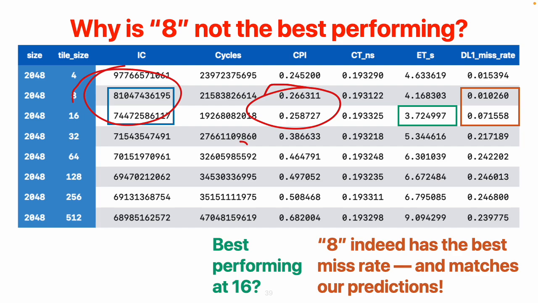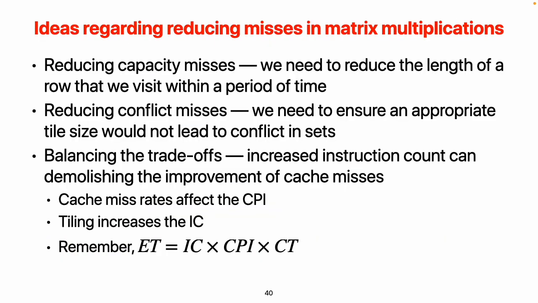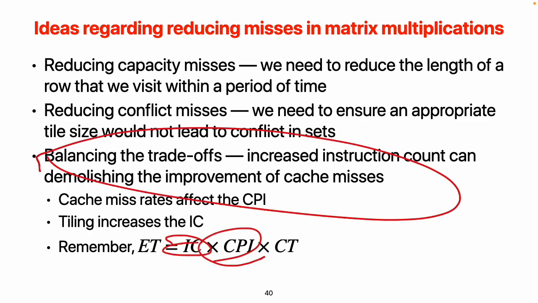And in fact, the additional instructions from tile size 16 to 8 are those control dependent instructions, and those are also expensive. So you have to remember our performance is a combination of 3 things. And there's definitely some kind of trade-off. There's no free lunch. There's definitely a trade-off between the tile size and the instruction count.